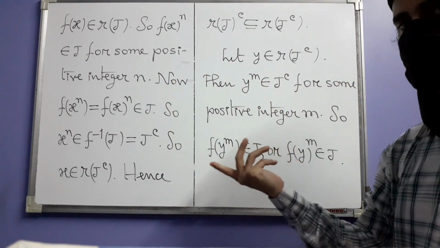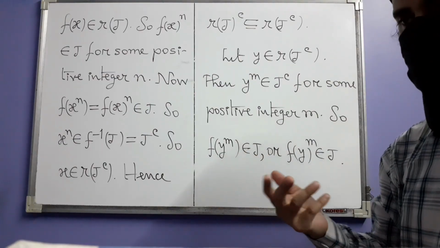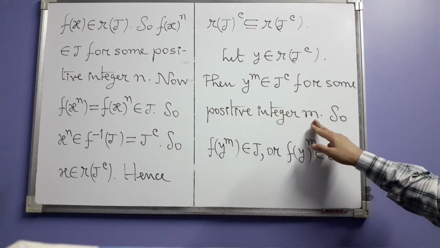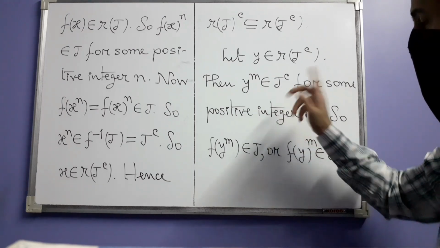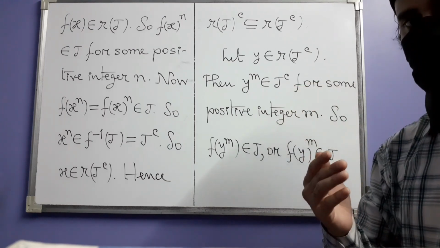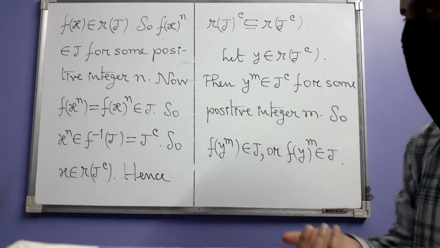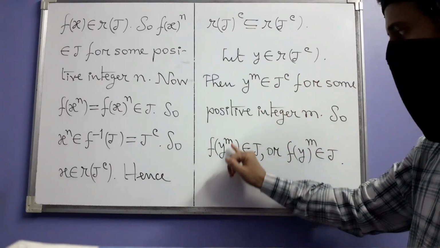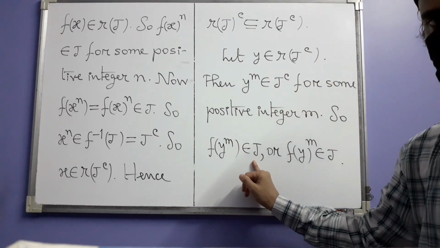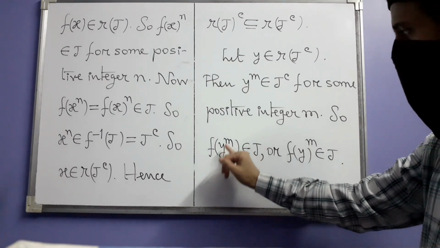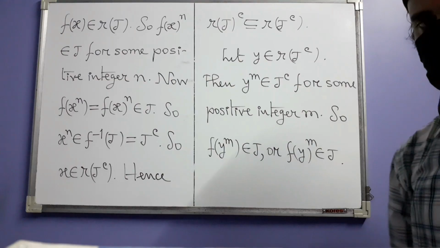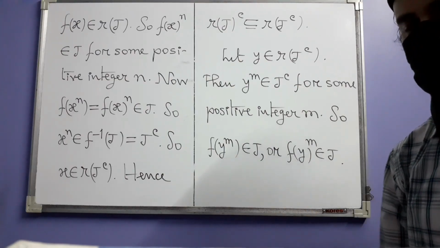If you want, you can use n again, because it's just a variable for some positive integer n. But what is J contraction? J contraction is f inverse of J. y to the power n belongs to f inverse of J, so f of y to the power n will belong to J. But f of y to the power n is equal to f of y whole to the power n, because f respects multiplication.